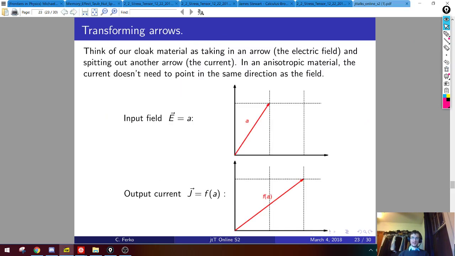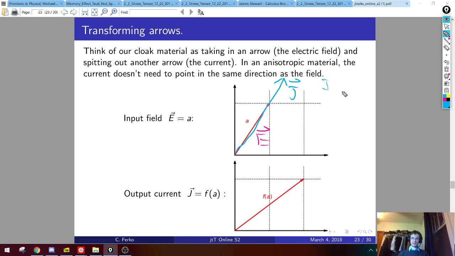And the way out is simply to be a bit more creative. You could say, what if, instead... before, what I was saying is that if you apply some electric field E, the current, or the direction of positive charge motion, will always point in the same direction as your electric field.